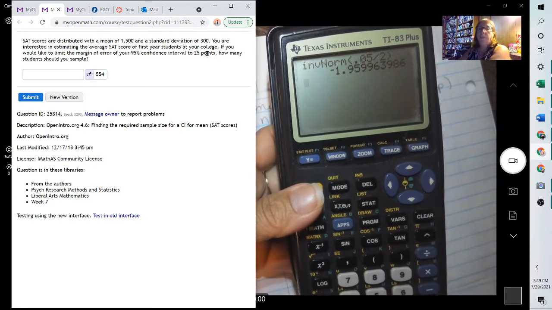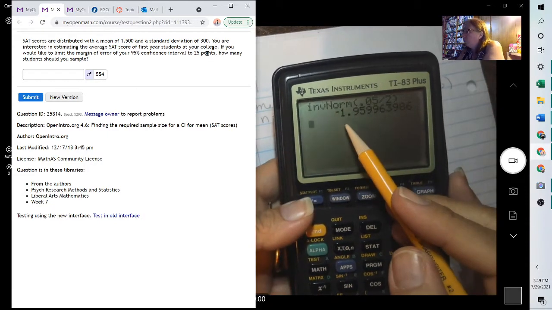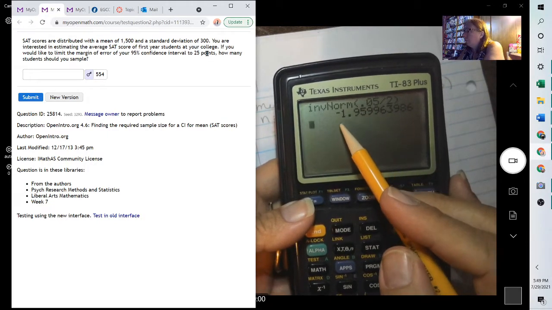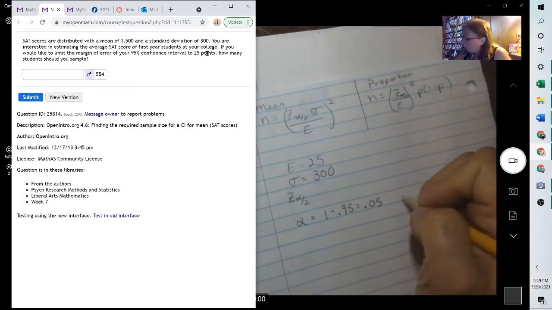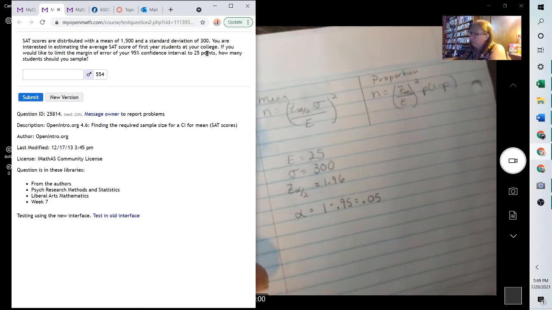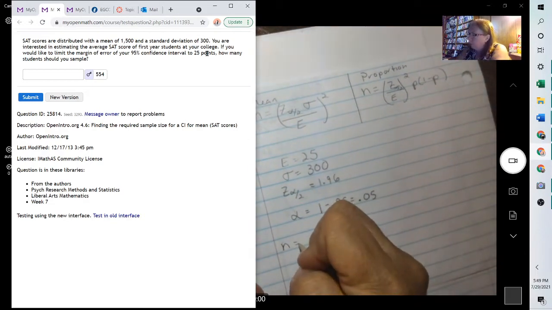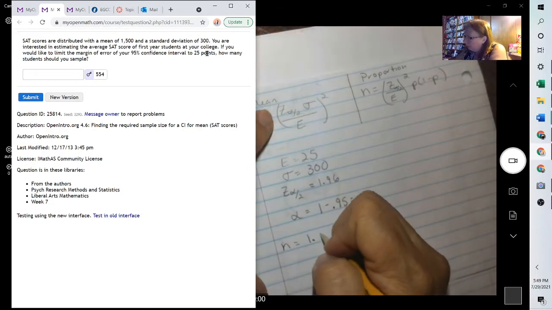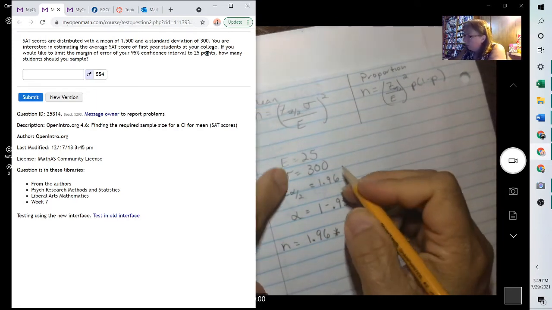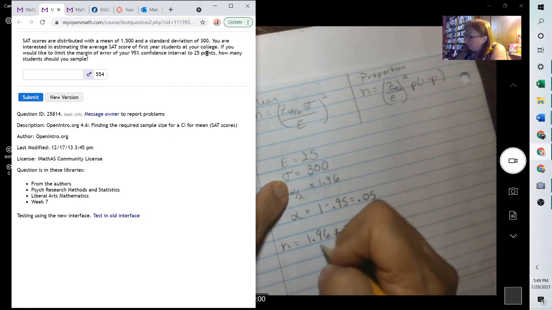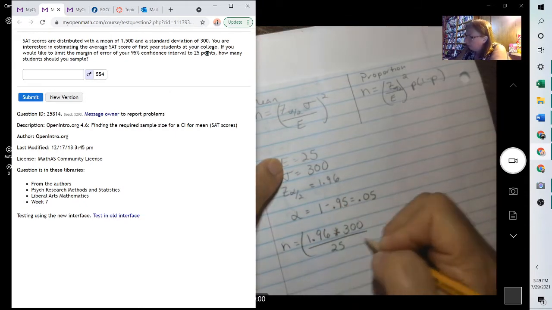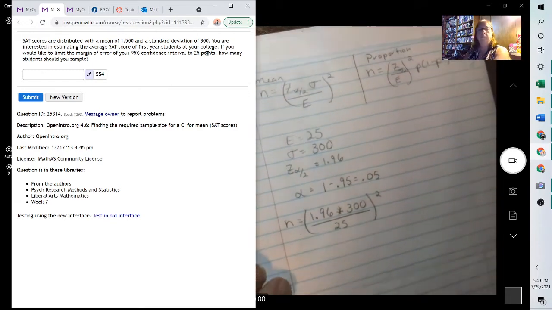So our Z is 1.96, because this 9 would round up, so 1.96. Then to find your sample size, it's Z times sigma, which is 300, divided by our error, which is 25, all squared.